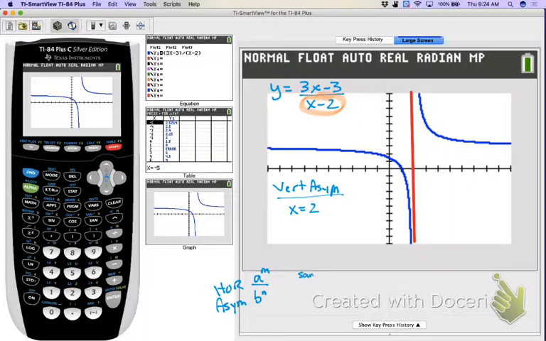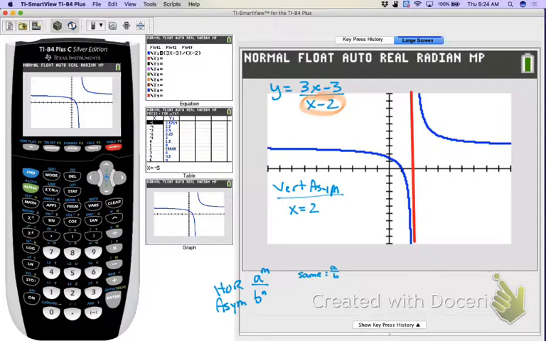If they're the same, all I'm going to do is take A divided by B. What's A in this case? 3. What's B in this case? 1. So what's 3 divided by 1? 3.